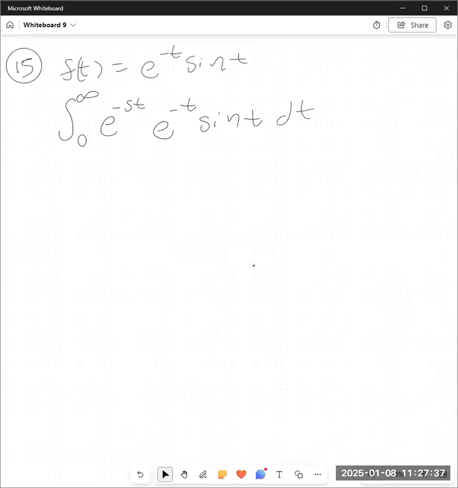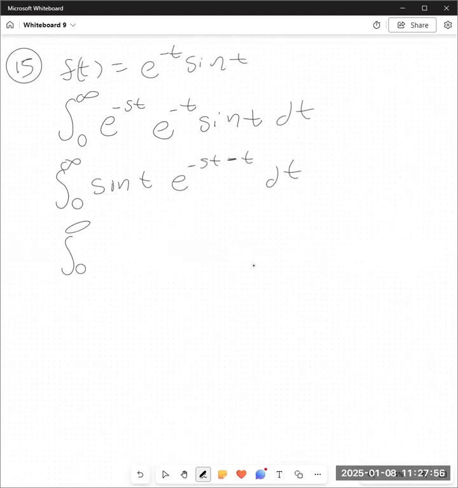And I'm going to have the integral from 0 to infinity of sine of t, e to the negative st minus t dt, which is the integral from 0 to infinity of sine of t, e to the negative t, s plus 1 dt.